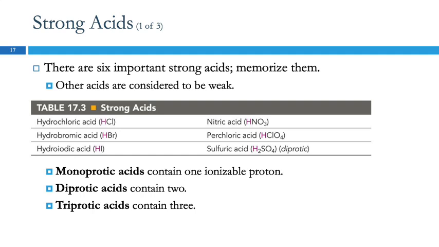So there are 6 important strong acids. Memorize them. There's only 6. If it's not one of the 6, I expect you to tell me it's a weak acid. Okay, so there's 6 strong acids, and these are hydrochloric, hydrobromic, and hydroiodic acid, and those are 3 of the halogens, right?